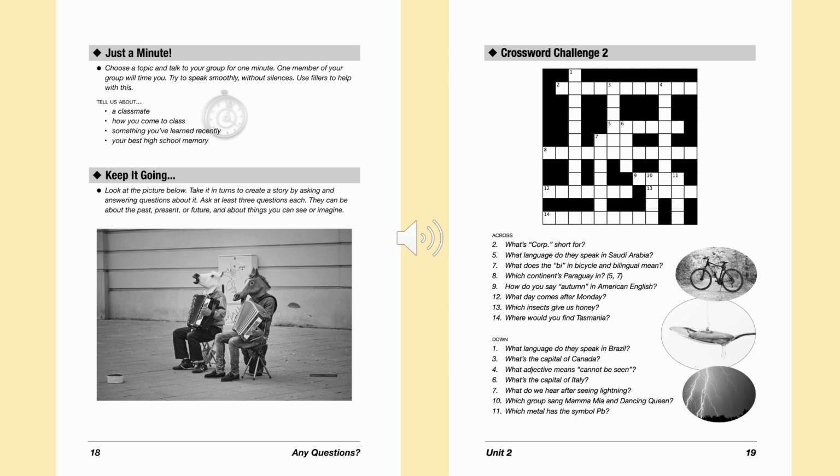Up to now, particularly in the lateral thinking questions, learners have focused on yes-no questions, but in crossword challenge, they're encouraged to use the crossword answers to elicit and practice familiar and common question patterns using WH questions such as, what does the N in NATO stand for? What's LTD short for? How do you say yes in French?